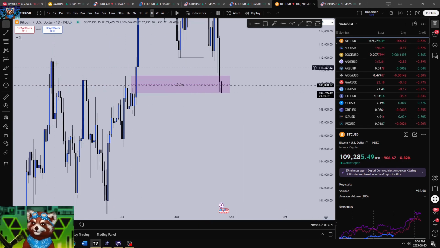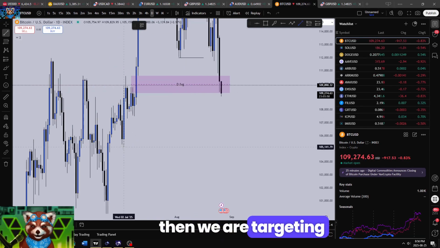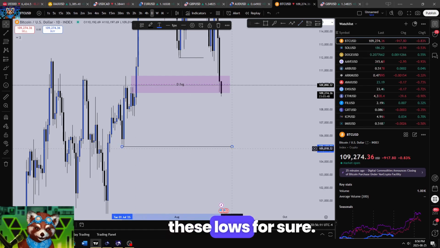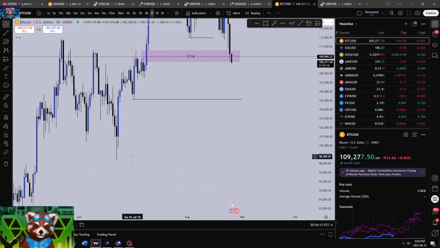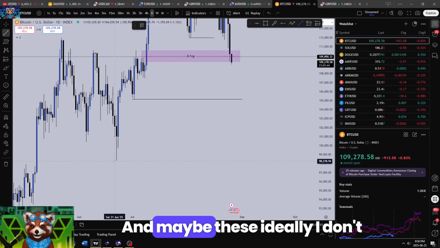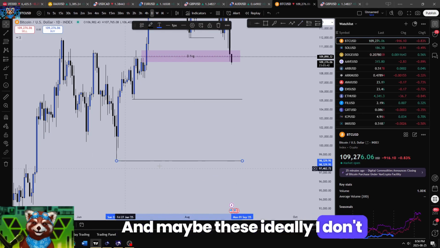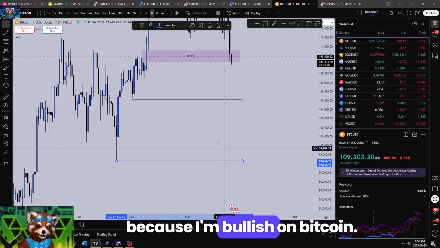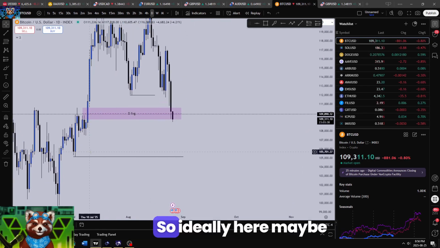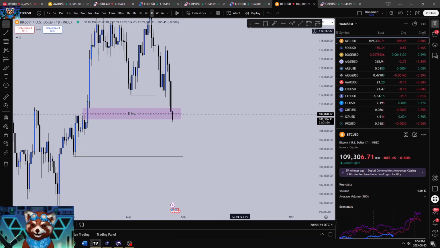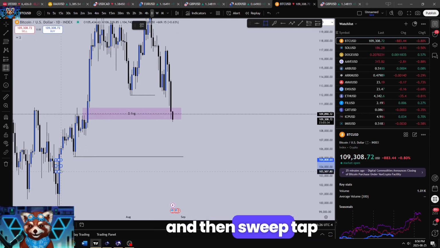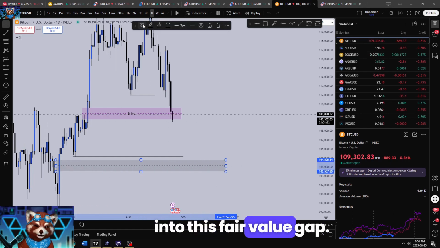If we're trading below it, then we are targeting these lows for sure, and maybe these. Ideally, I don't want to see it go down to here because I'm bullish on Bitcoin. So ideally here maybe, and then sweep, tap into this fair value gap.